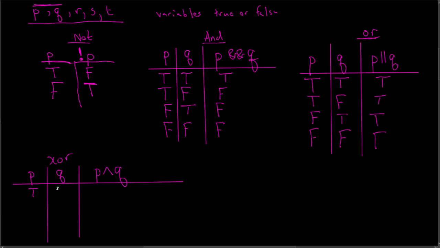Again, P can be true, Q can be true. P can be true with Q being false. P can be false with Q being true. And P can be false with Q being false. And so exclusive OR needs one and only one true. So that's false, that's true, and that's true, and that's false. And that's how the exclusive OR works.